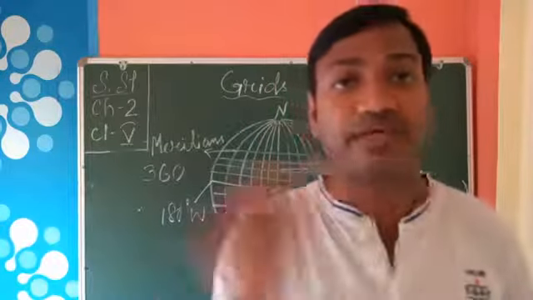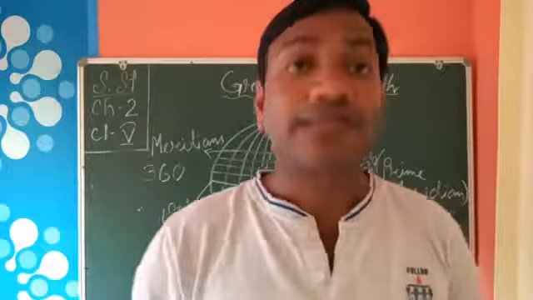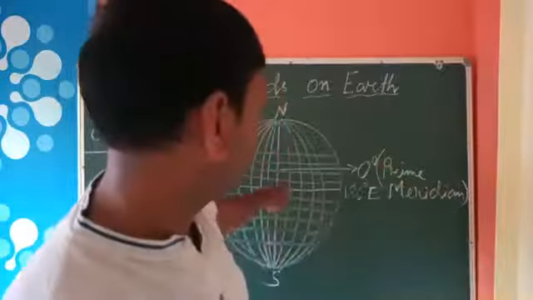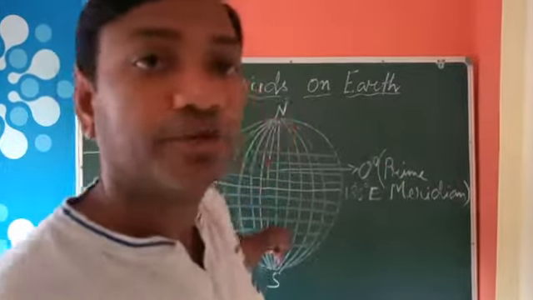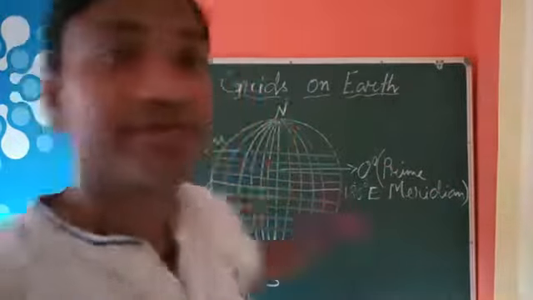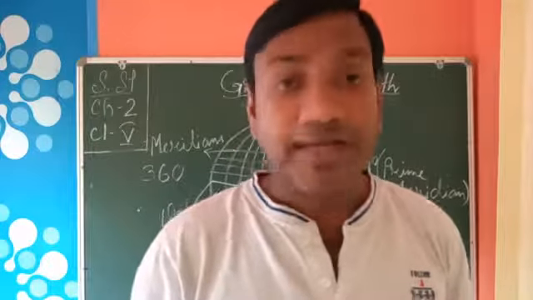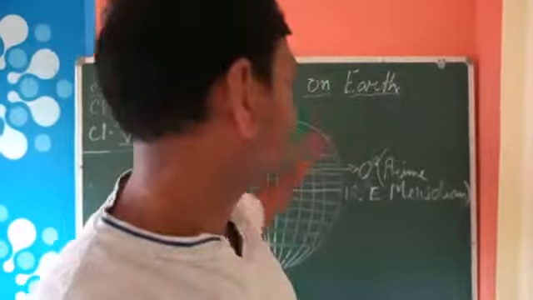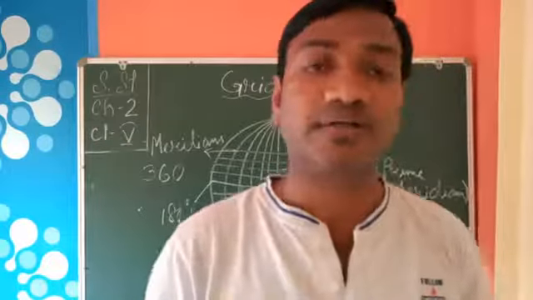When the lines are given, they cross each other at several points. So here you can see these are the points. So several points we find when we draw the lines, which are referred to as grids. So these are called the grids.